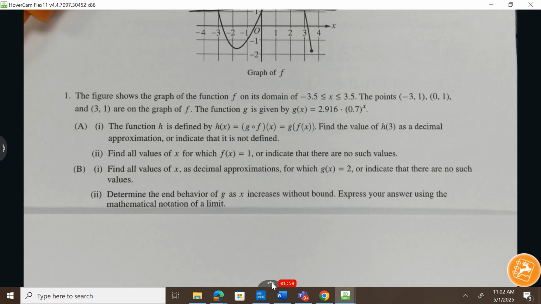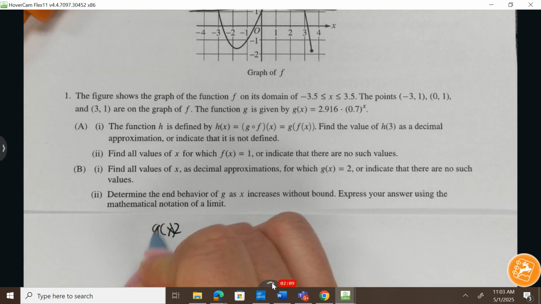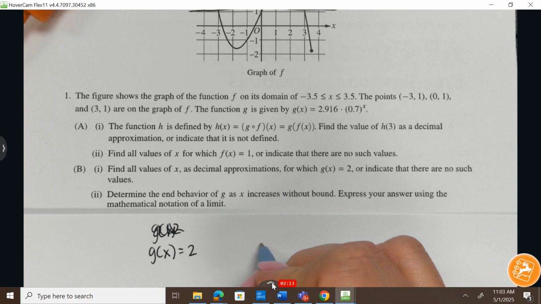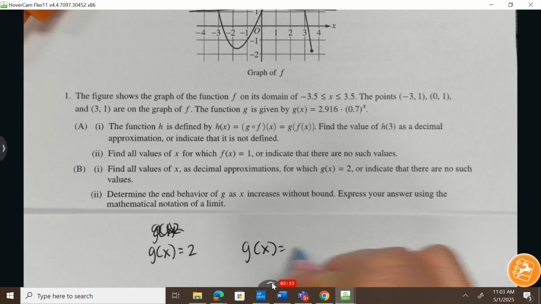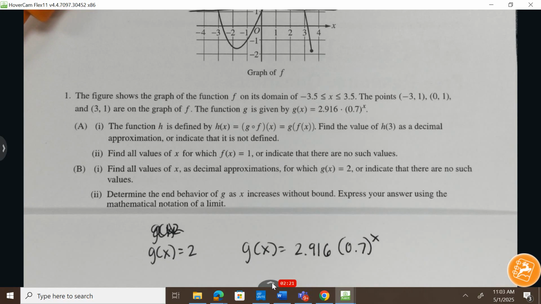In part B, we're going to find all the values of x, again, for decimal approximation, for which g of x equals 2. So I'm going to start with g of x. Let's do this a little bit neater. G of x equals 2. And then I'm going to write down this function, g of x equals 2.916 times 0.7 raised to the x power.